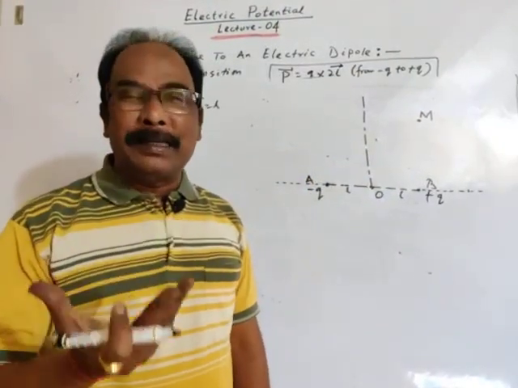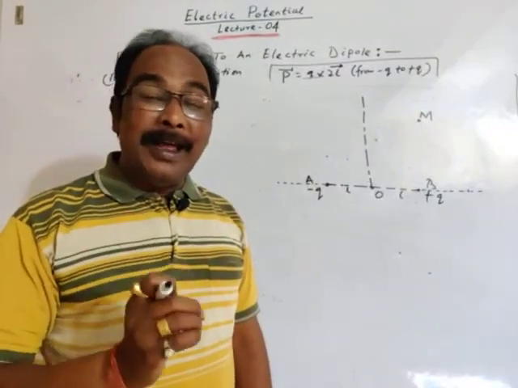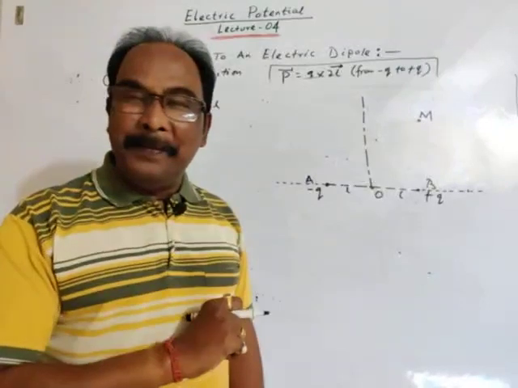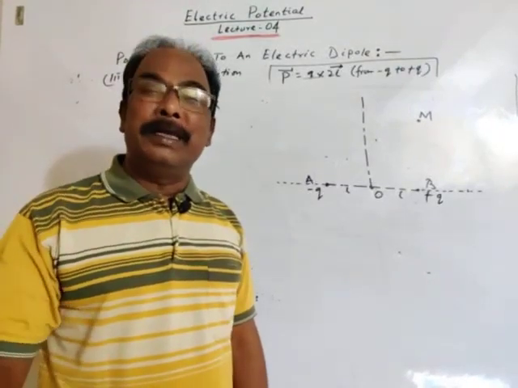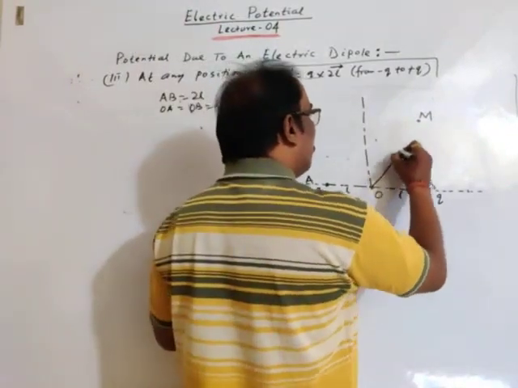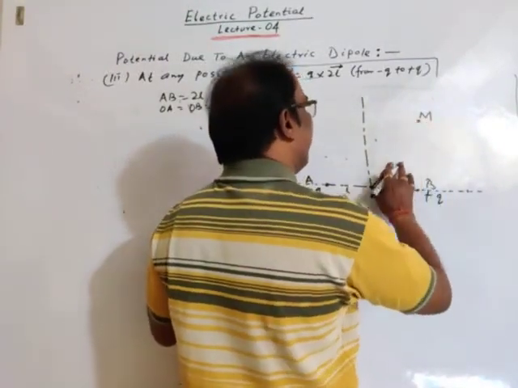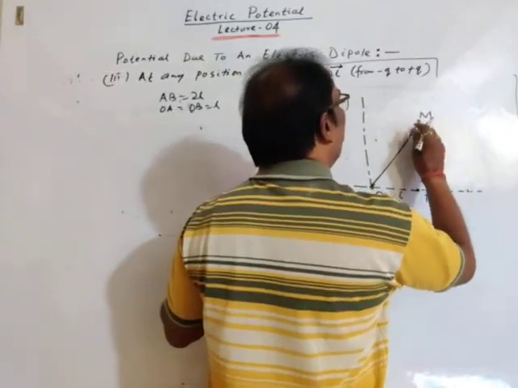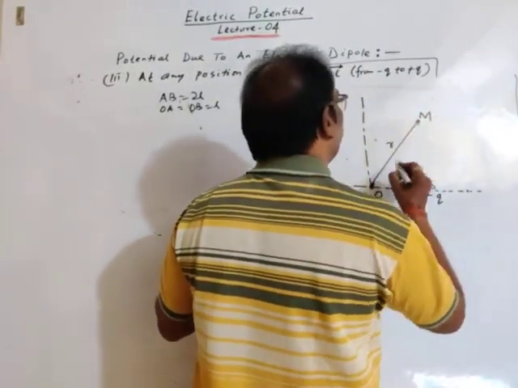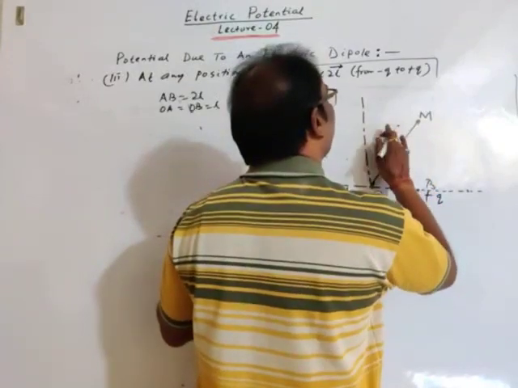What we have discussed: distance is always measured from the center of the dipole. Distance from O to M, let it be r. We may take it as a vector.